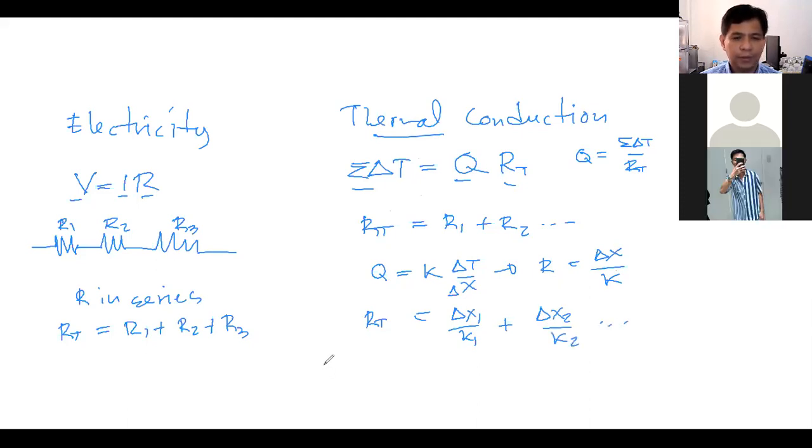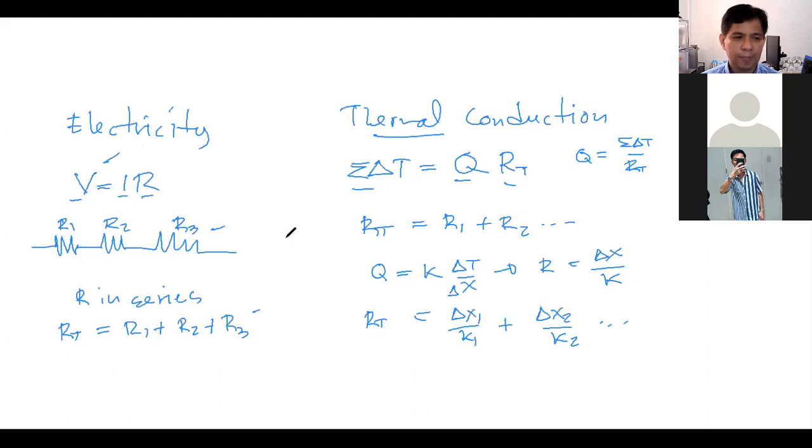Okay? I'm trying to discuss this para maging stock knowledge niyo yung thermal conduction. Kasi I'm assuming na itong V is equals to IR at saka itong R in series, stock knowledge niyo yan. So, analogous lang naman siya doon.